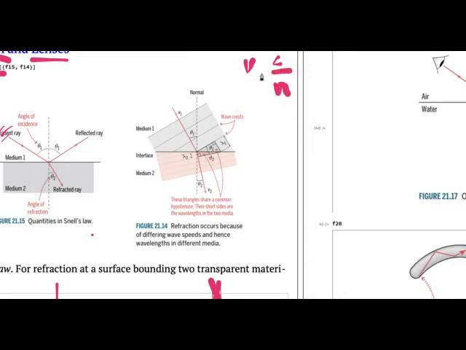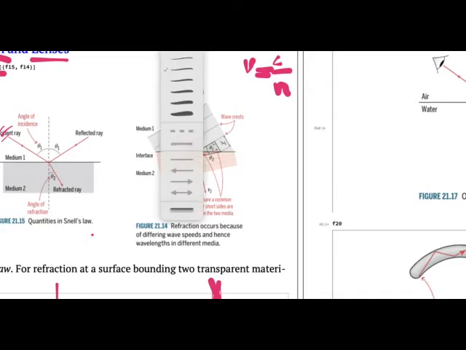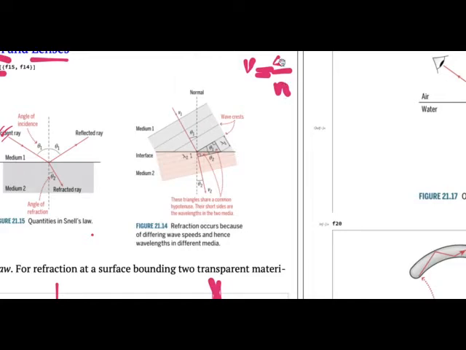So the speed of a wave in a material is less than the speed of a wave in vacuum, by the factor of the index of refraction. Now, when the wave hits the material, the frequency does not change. However, the wavelength does change because the speed of the wave changes.